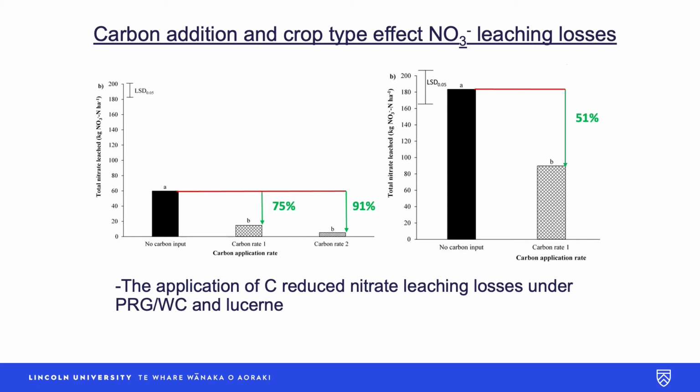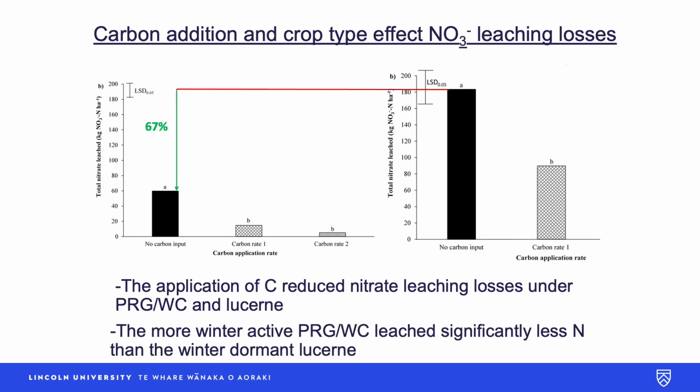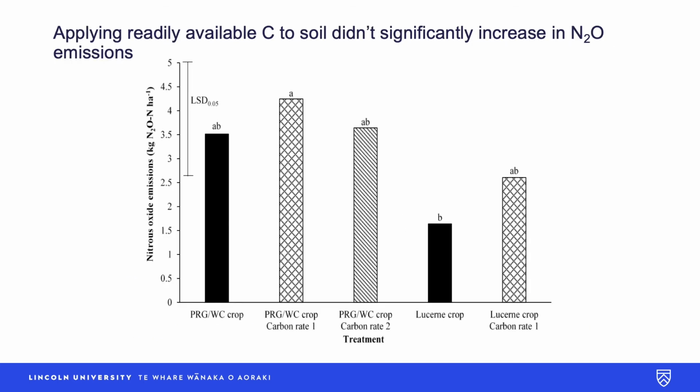In the lucerne we saw a 51% reduction when we applied 12 tonnes a hectare of sucrose. And we also once again saw the more winter active perennial ryegrass white clover pasture leached 67% less nitrogen than the winter dormant lucerne. So just by going from lucerne to perennial ryegrass white clover, a more winter active crop, you can reduce nitrogen losses by a lot.